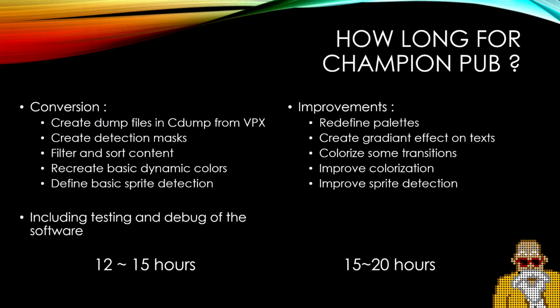Recreating the detection masks was quite quick, because you've got the habit of knowing the standard masks that you should use, and as you've been working on your project, you know more or less what animations and scenes you need to colorize, so you know more or less how to put the masks. So this part was quite quick, and then I had to filter and sort content. Of course, the longest part was recreating the dynamic colors, recreating all the frames and specifying on the frames where there is some dynamic content and so on.